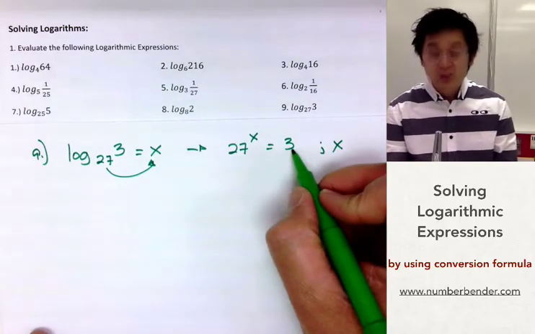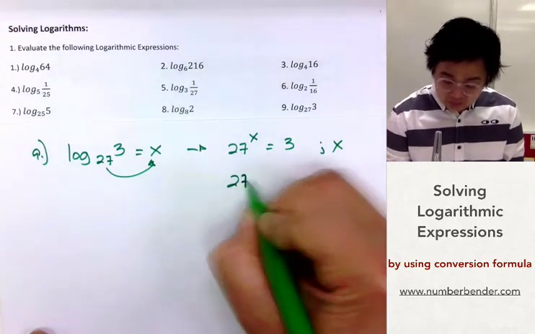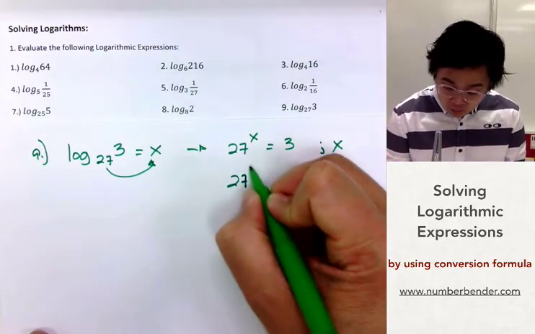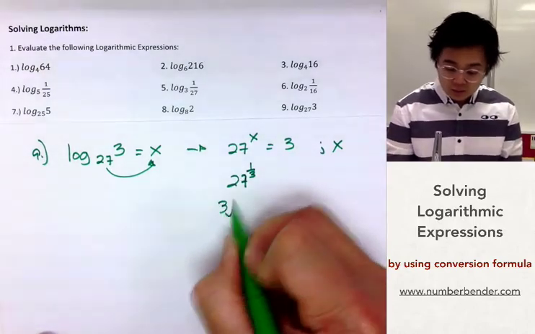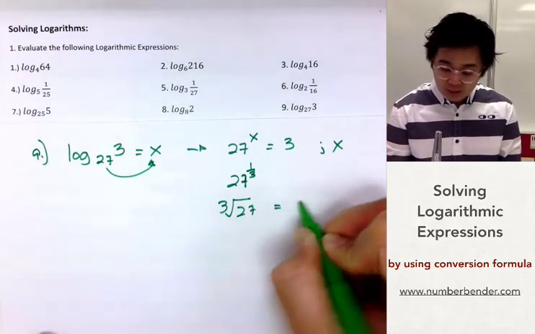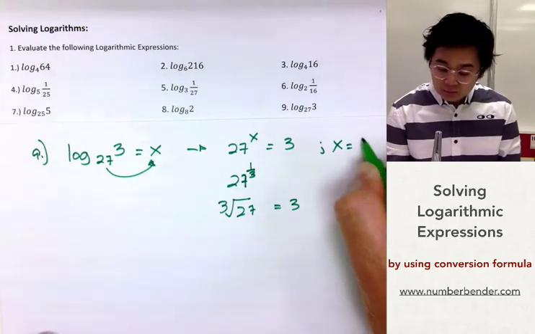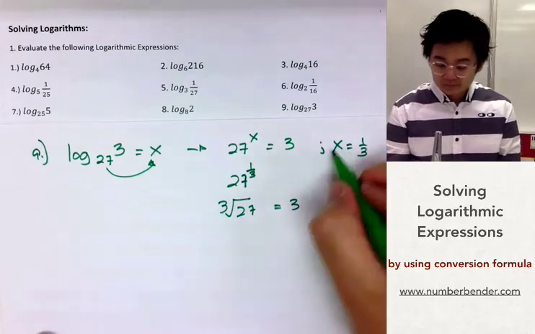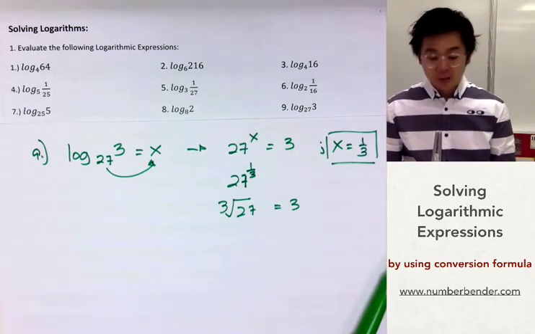And we know that if we raise 3 to 3, it will be 27. So our fraction or exponent will turn into 1 over 3 because the cube root of 27 is equal to 3. So x is equal to 1/3. And this is how we evaluate logarithms.